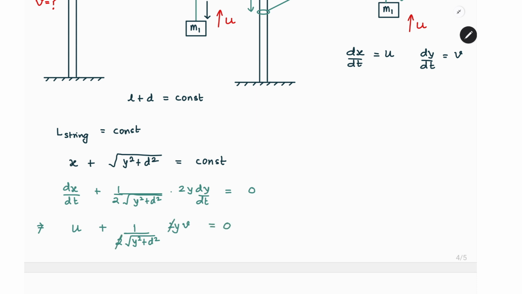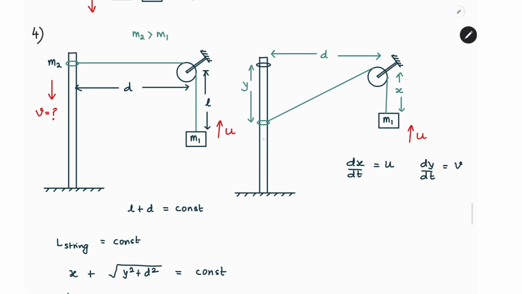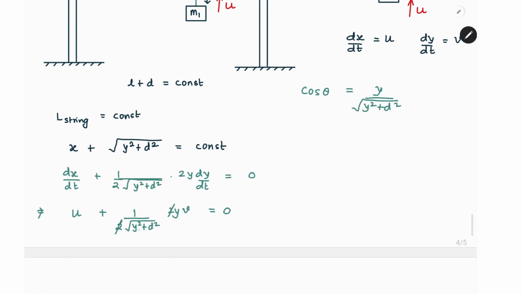So we have y upon root over y square plus d square. In terms of theta, cos theta is equal to y upon root under y square plus d square. Therefore u plus cos theta times v is equal to 0, and v can be written as minus u upon cos theta.